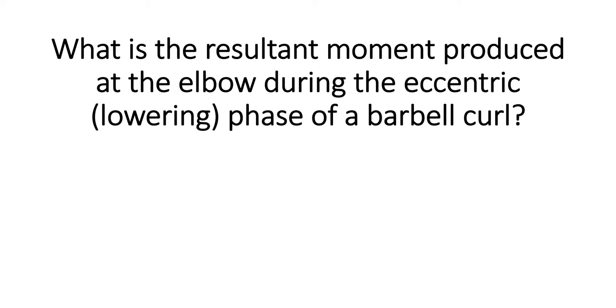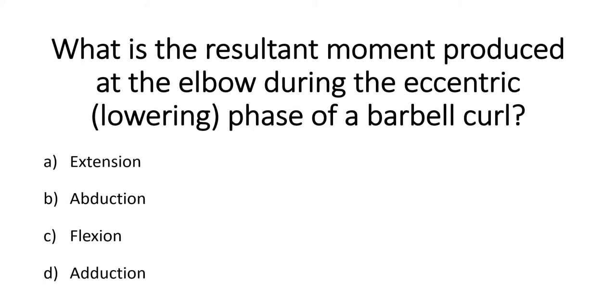What is the resultant moment, so the overall moment, the final moment that is produced at the elbow during the eccentric or lowering phase of a barbell curl? Is it A, an extension moment? B, an abduction moment? C, a flexion moment? D, an adduction moment?